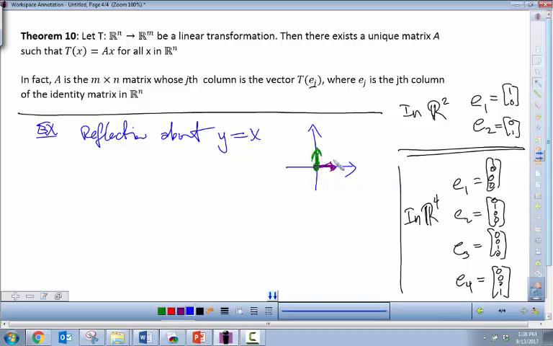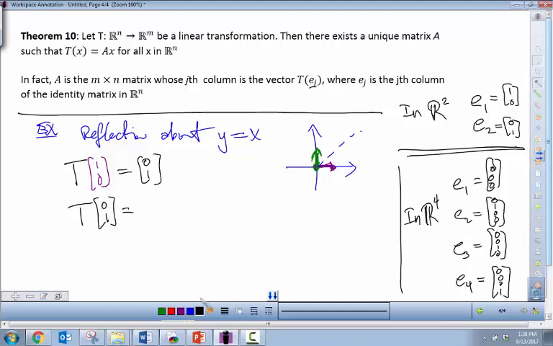If we're going to reflect it about the y equals x line, where are we going to take the vector 1, 0? If that's the line along which we're reflecting, it's just going to go to 0, 1, right? And then now let's reflect 0, 1.